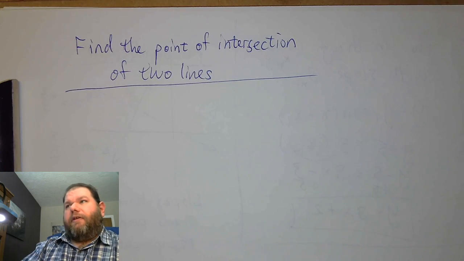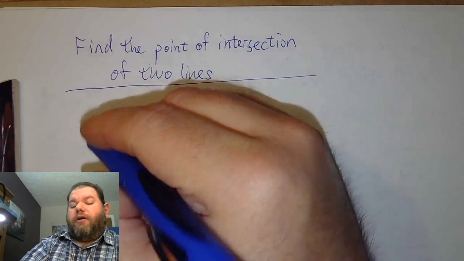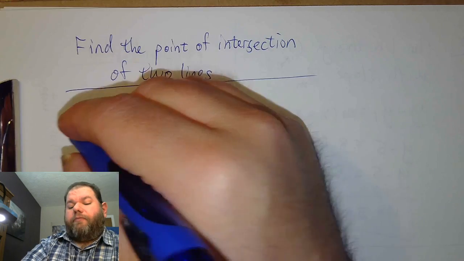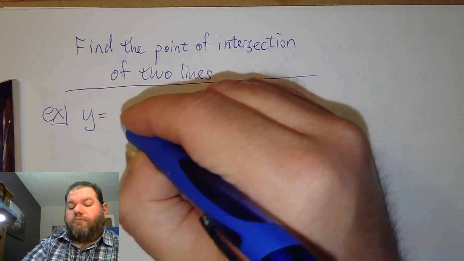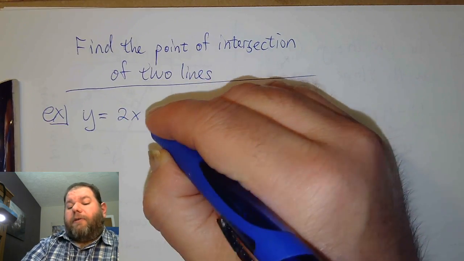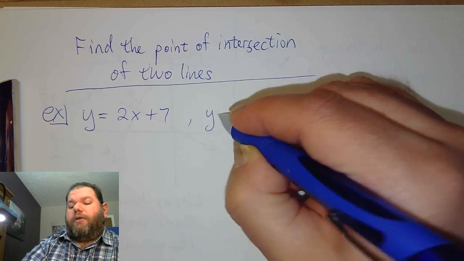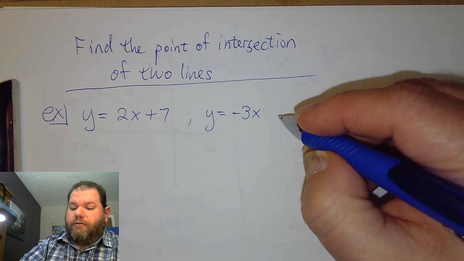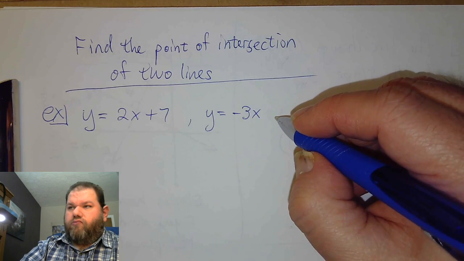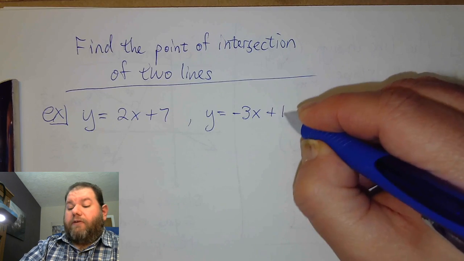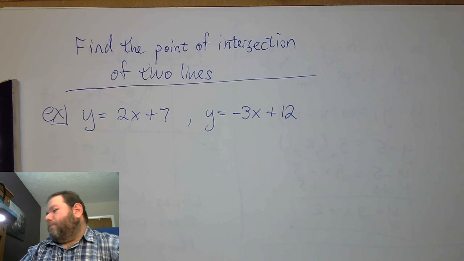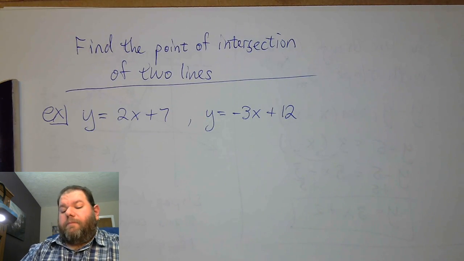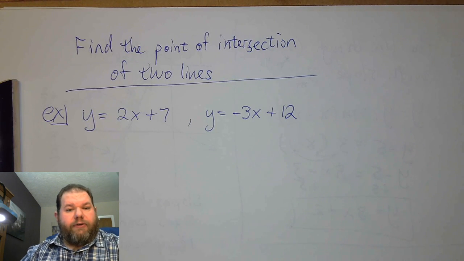Let's say, for instance, we have y equals 2x plus 7 and y equals negative 3x plus 12. Okay, so we want to find the point at which these two lines intersect.